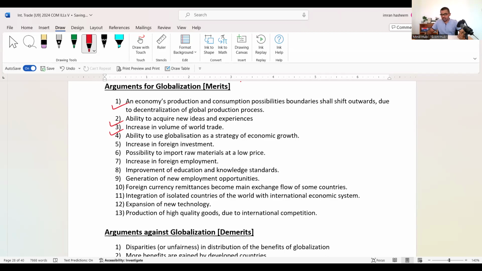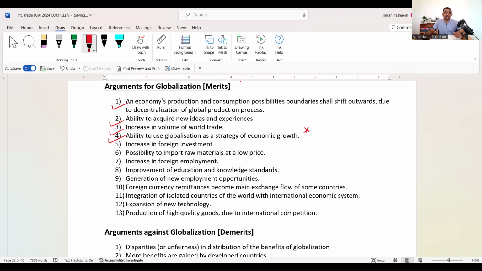Ability to use globalization as a strategy for economic growth. Now, this is what many countries, including Sri Lanka, have tried to do over the last 4.5 decades. But because we haven't consistently implemented the correct policies and strategies, we have not been able to do that.